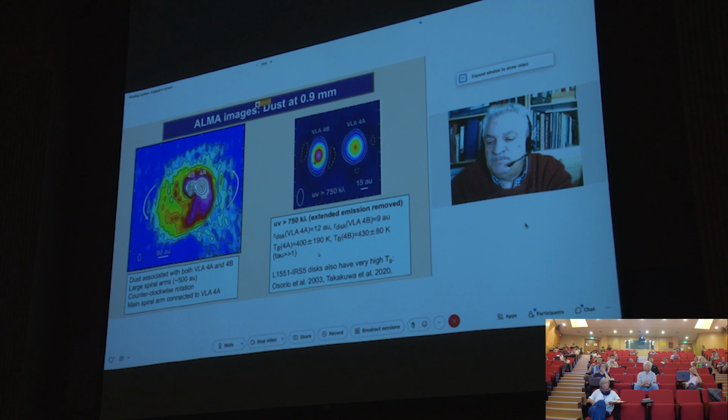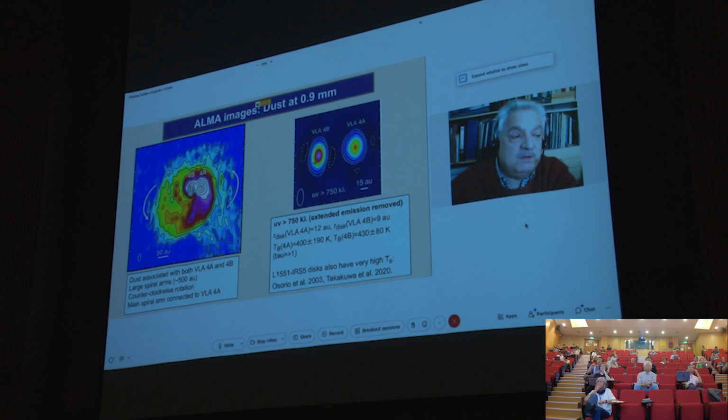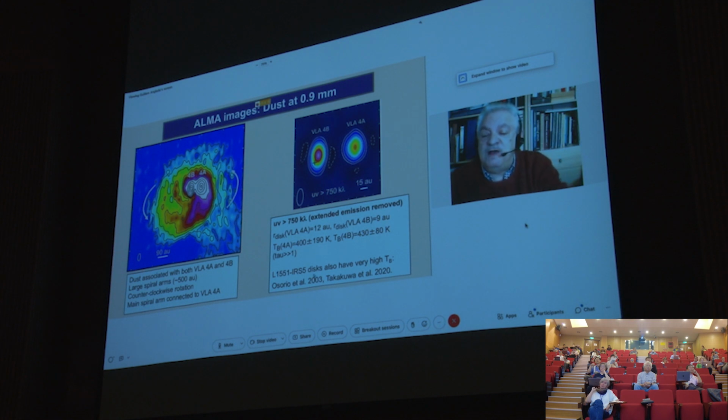Also, from the brightness temperature, we obtain lower limits to the temperature. And we found very high temperatures of the order of several hundred K. It is worth noting that this kind of high temperature was predicted in a detailed modeling of L1551 IRS 5 by Osorio et al., and later confirmed by the ALMA observation of Takakuwa that has been presented before.